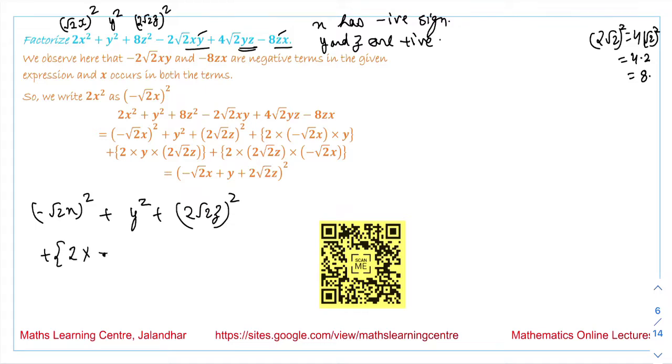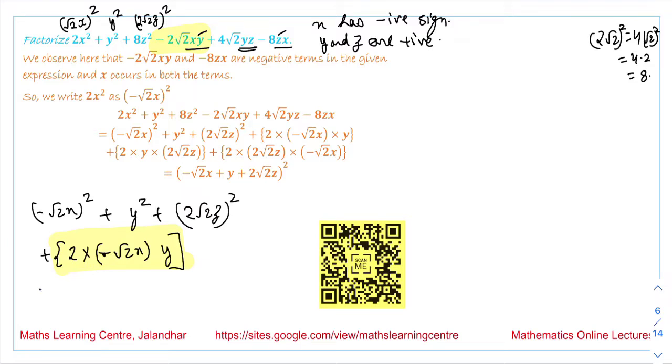Then the next term is, we are writing plus sign over here, it is 2 into minus root 2x into y. This term I am talking about, it is minus 2 root 2xy, so that will become 2 into minus root 2x into y.